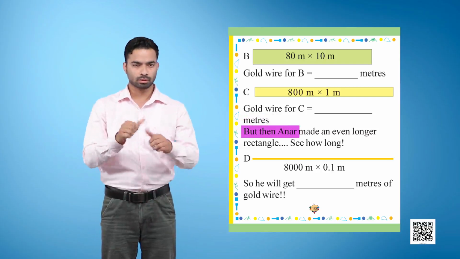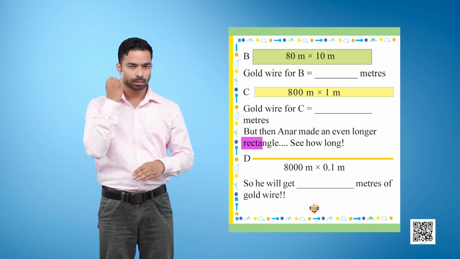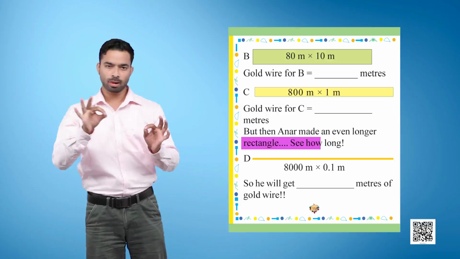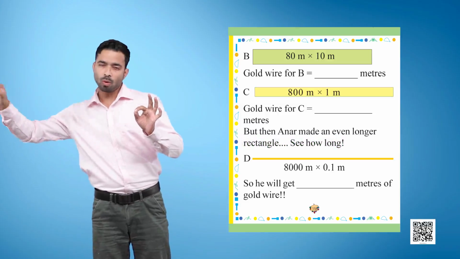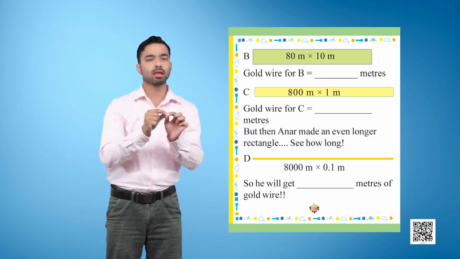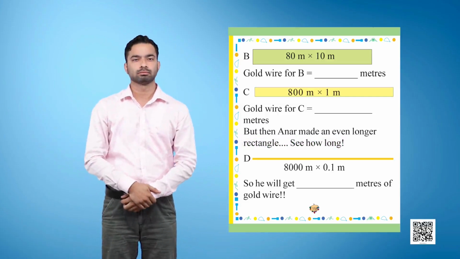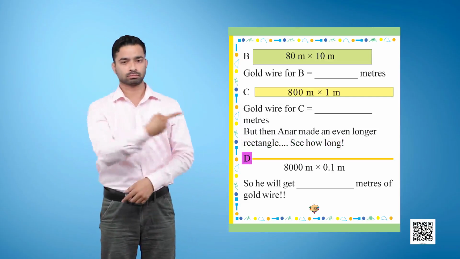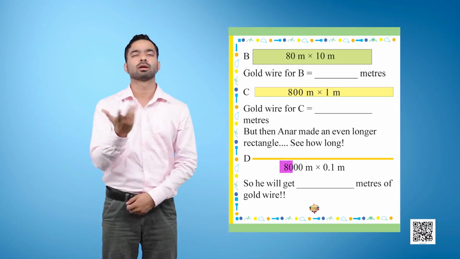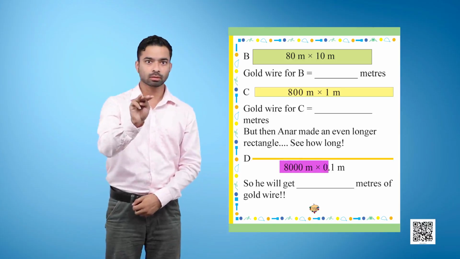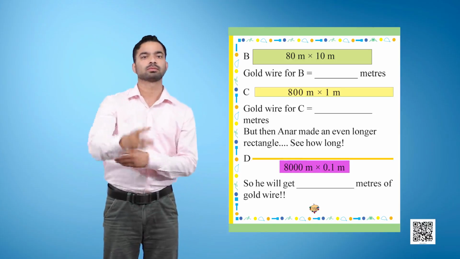But then Anar made an even longer rectangle. Observe how long. Rectangle D, 8,000 meters by 0.1 meter.